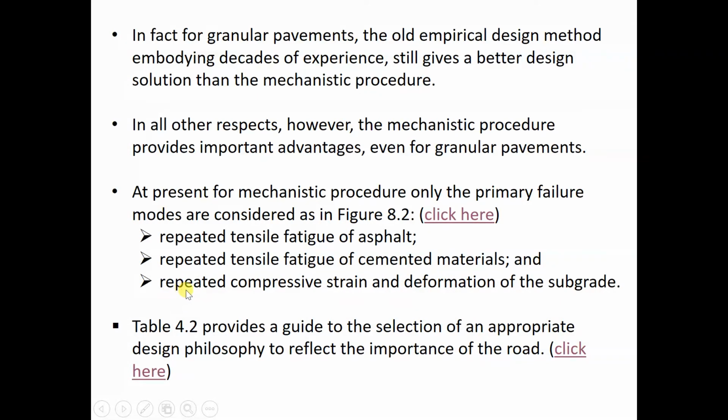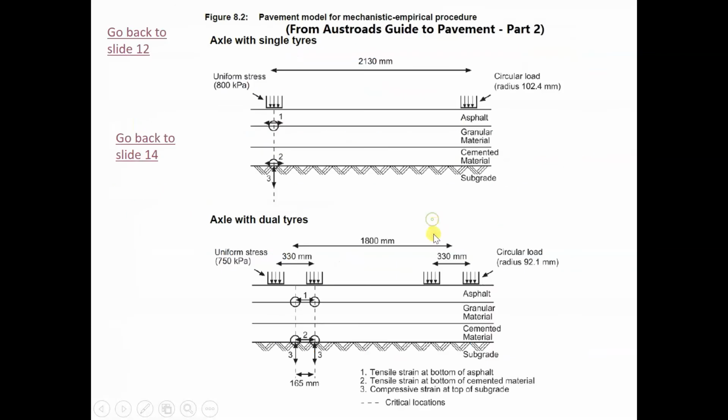And C, repeated compressive strain and deformation of the subgrade. So there are the three types. We have this 1, 2, 3. So 1 here, tensile strain at the bottom of the asphalt. So this is the asphalt, and the bottom part of the asphalt is here, along here. So there is some tensile strain.